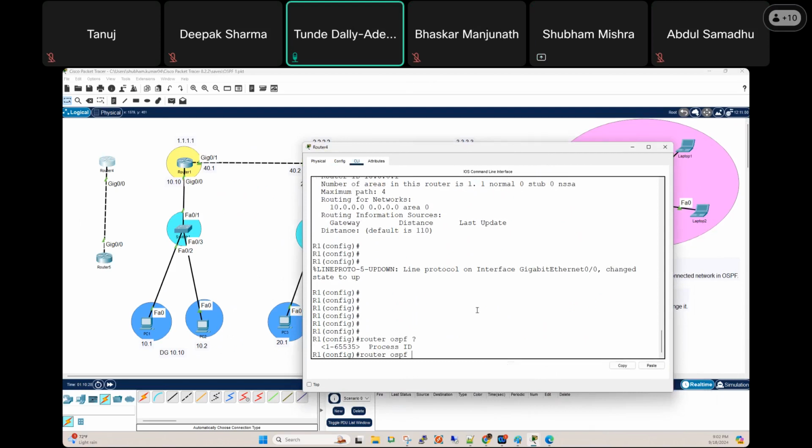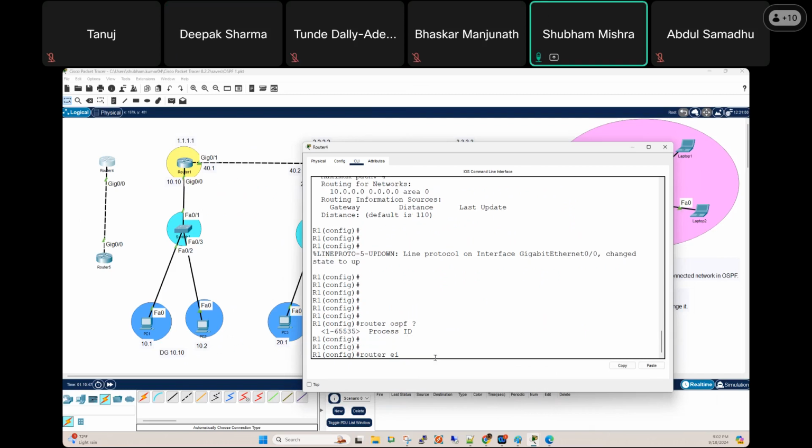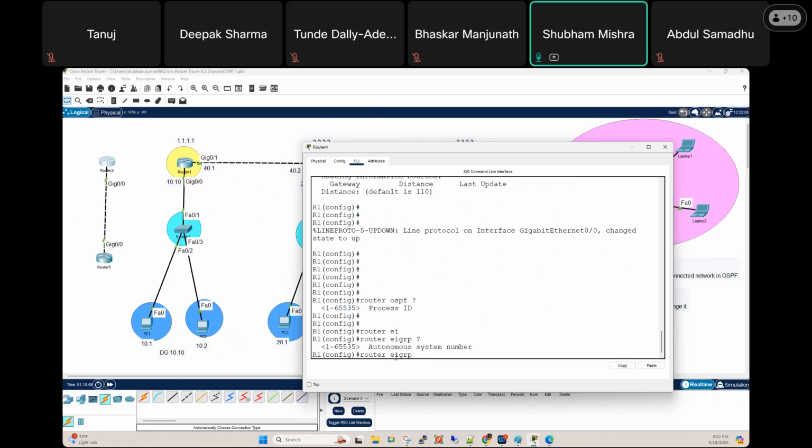See here. I write router OSPF and then press the question mark. What is this? Process ID. This is the process ID, not the AS number. But see, I am writing router EIGRP and then pressing the question mark.